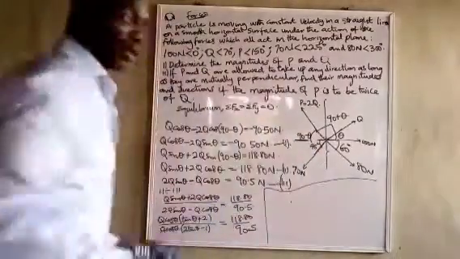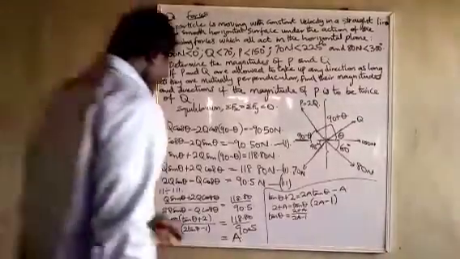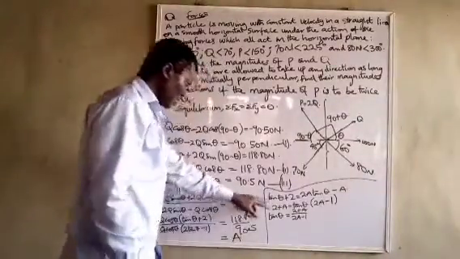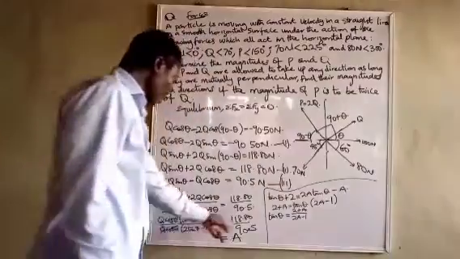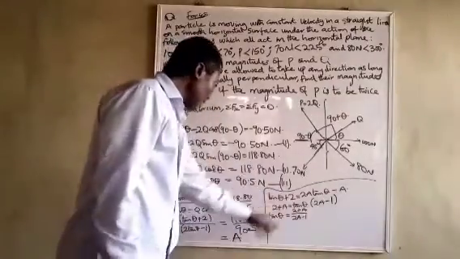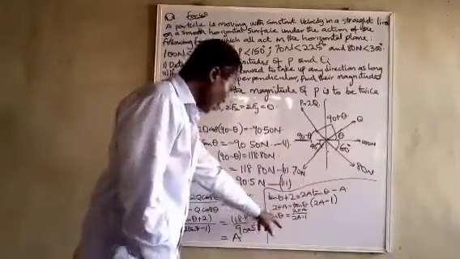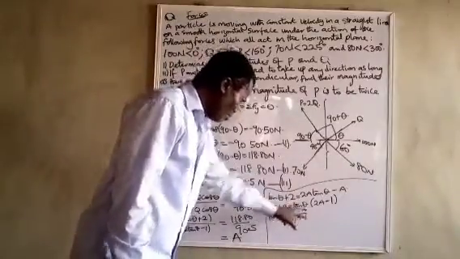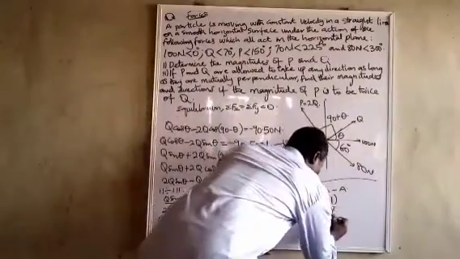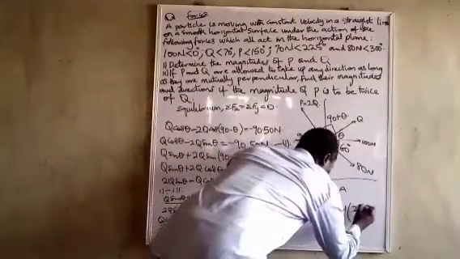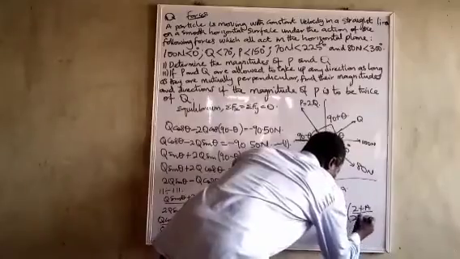This is just simple algebra. So I made this fraction equal to a. So tan theta plus 2 is equal to 2a tan theta minus a. Therefore, tan theta is equal to 2 plus a over 2a minus 1. So theta is equal to arctan of 2 plus a over 2a minus 1.